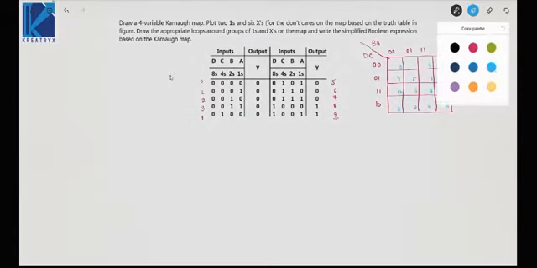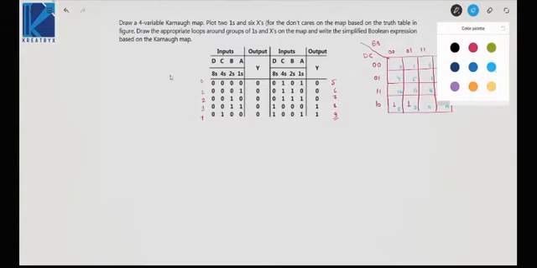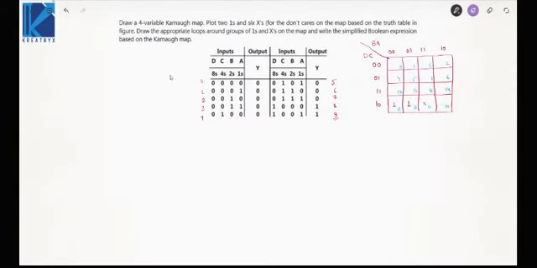Now 1 at the output is only present at 8 and 9. And after 10, all the inputs are don't cares. So 10, 11, 12, 13, 15, 14. These are don't care because they do not appear in the input combinations.